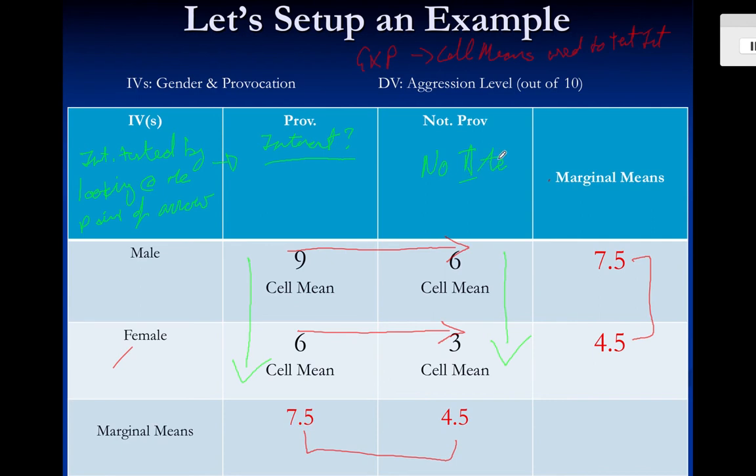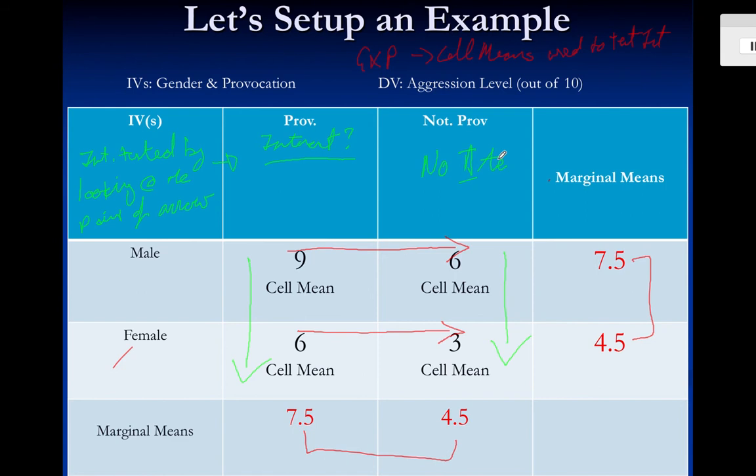So all the pairs of arrows point in the same direction, all my red arrows and all my green arrows, so there's no interaction. My red arrows, they both point to the right. My green arrows, they both point down. No interaction. If my green arrows would have both pointed up and my red arrows would have pointed to the right, still no interaction. Why? Because the pairs themselves are all pointing in the same direction.